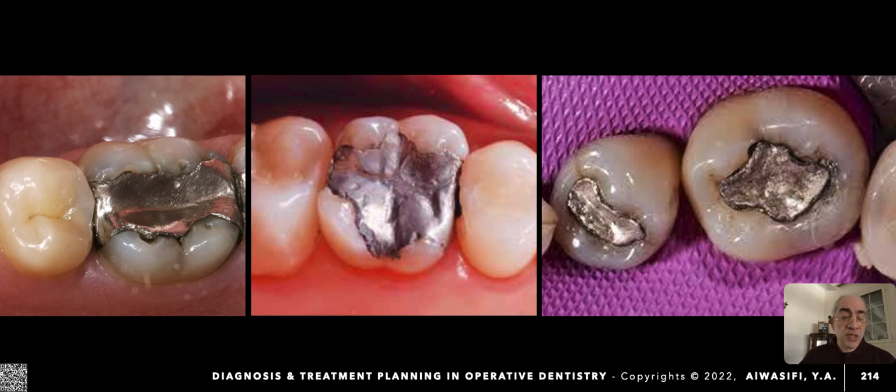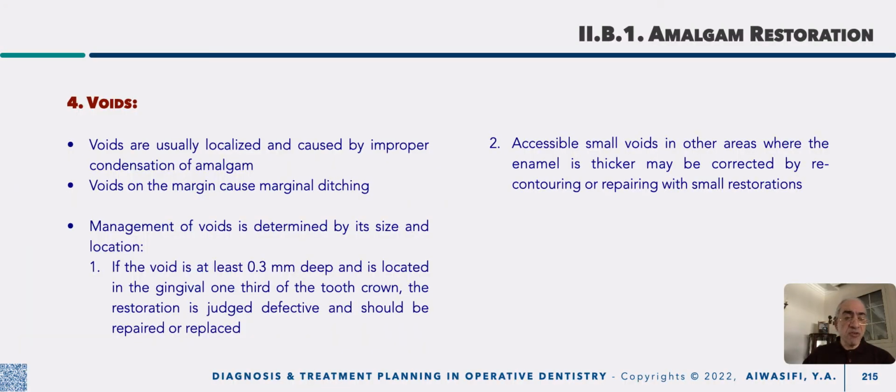It is obvious that there were multiple flashes that broke down, or an improperly carved restoration. The operator didn't reproduce the anatomical form exactly, leaving too much flash, and the margins are invaded by recurrent caries.